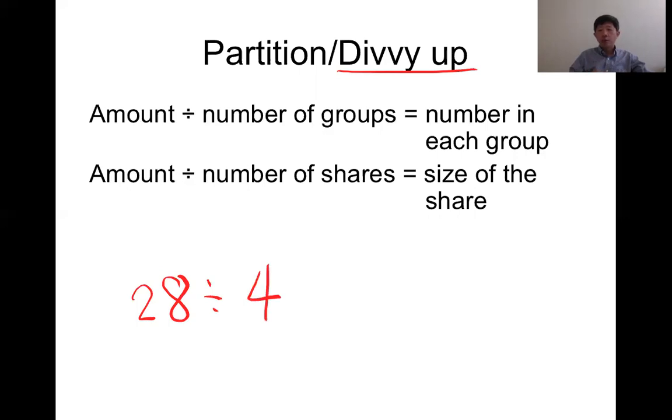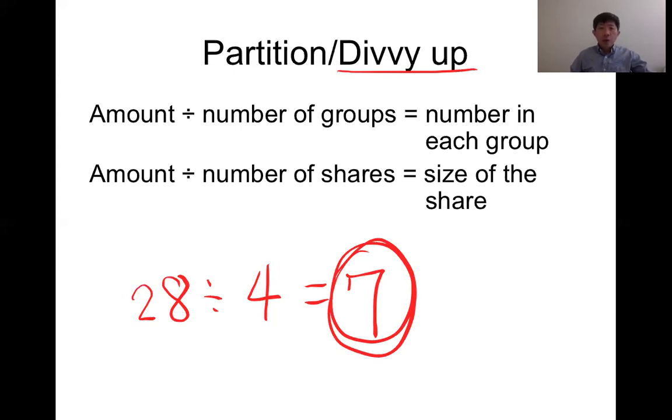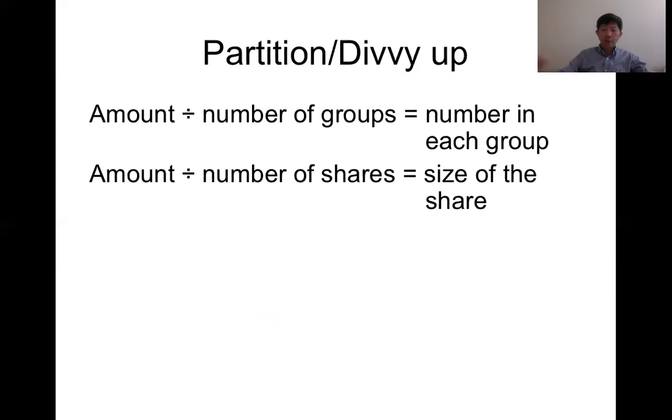And we're looking for how many apples each person can get. So that would be 7, the number in each group. So each one has 7 apples, right? Or we can say amount divided by number of shares equals the size of the share. Okay, all right, so that's the partition model.